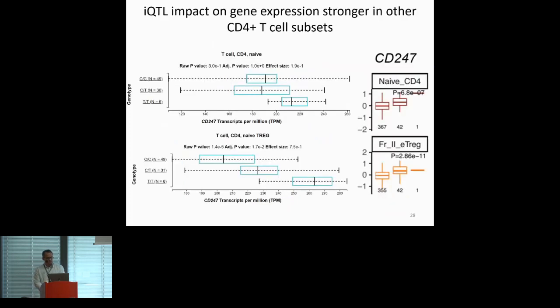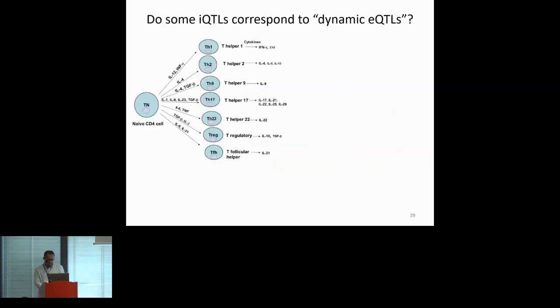And then when we looked at this further, what we have seen is that although we are looking at naive CD4 cells, the effect size of the EQTL is much higher in other CD4 subsets, more memory and differentiated subsets, such as Tregs here. So that gave us an idea that maybe by looking at a cell type such as naive CD4 cells, we may infer things about what may happen later, right?